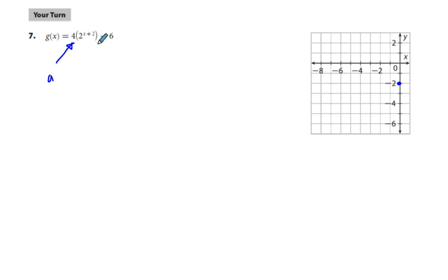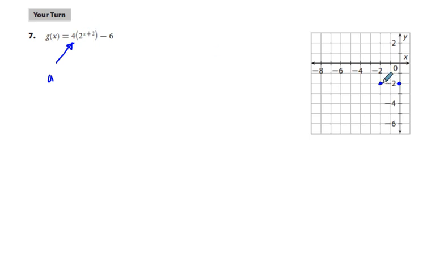Okay, and then we have this x plus 2. Well, that's going to shift to the left. So we're going to go to the left 2 units. So that's going to be like our replaced y-intercept. And then we have this factor of 4.